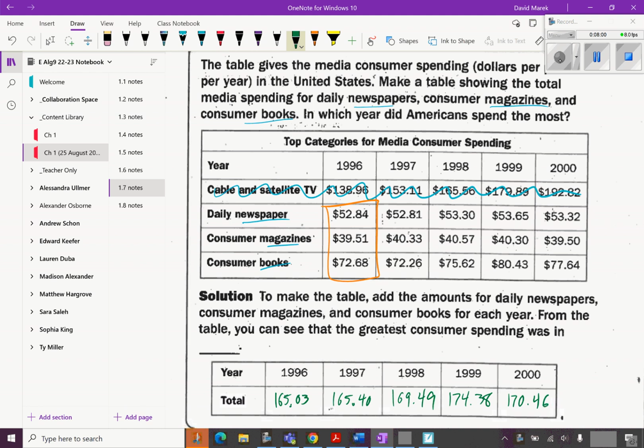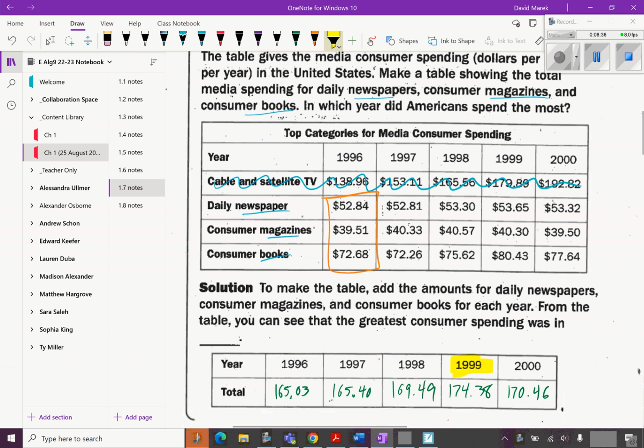So once we've done the addition, so we've got all that basic arithmetic, nothing fancy. Don't need any kind of special function on a calculator here. Here are the totals spent on those categories, and hopefully we can say that 1999 was the year in which Americans spent the most on those consumer media categories.